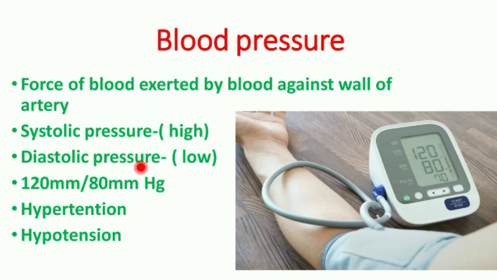Diastolic pressure is due to the relaxation of the ventricles, which lowers the pressure of the blood in the artery, that is 80 mm Hg. Constant elevation of the blood pressure is known as hypertension, that is high blood pressure, and decreased blood pressure is known as hypotension, that is low blood pressure.